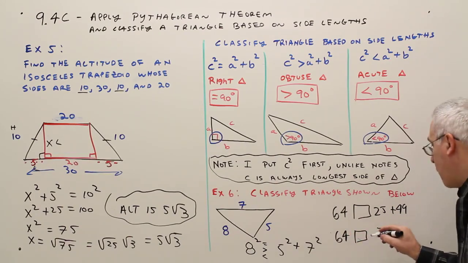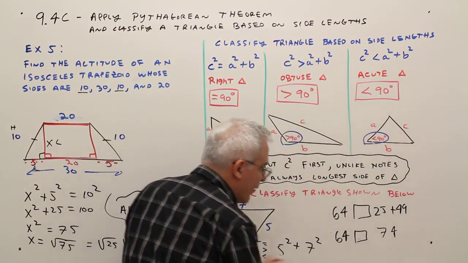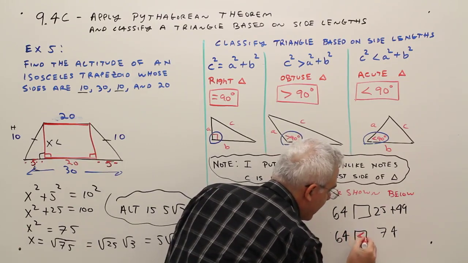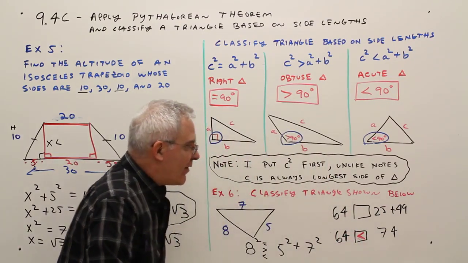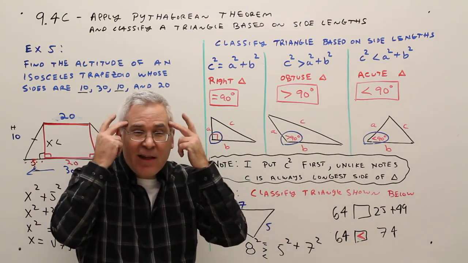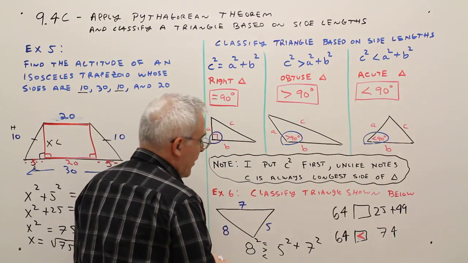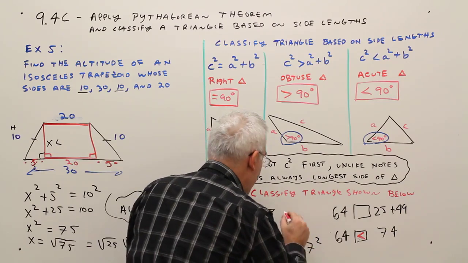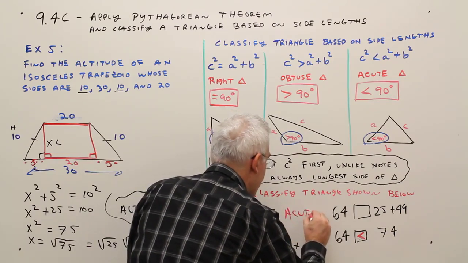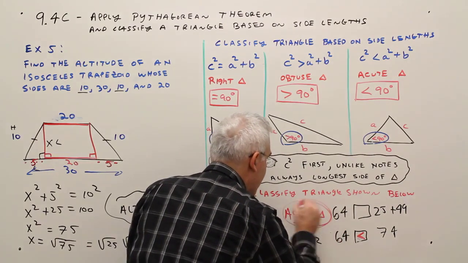Well, 64 is less than 74. So then when I see that less than sign, I think of less than 90, and I think of acute. So the answer to my problem is, it's an acute triangle.